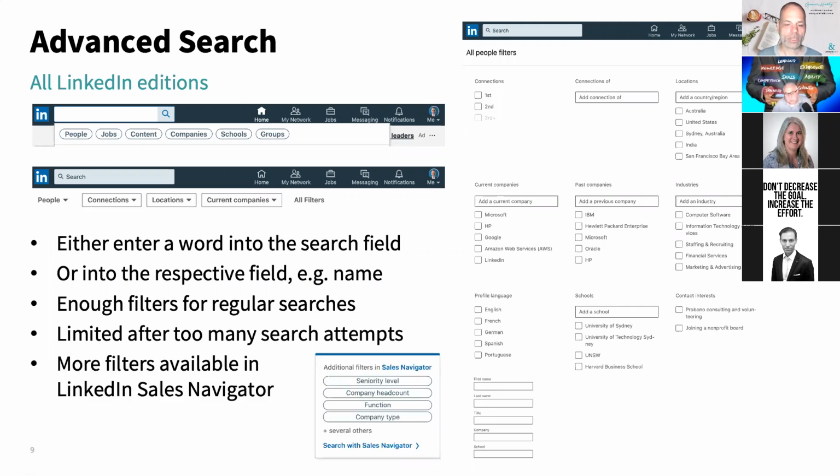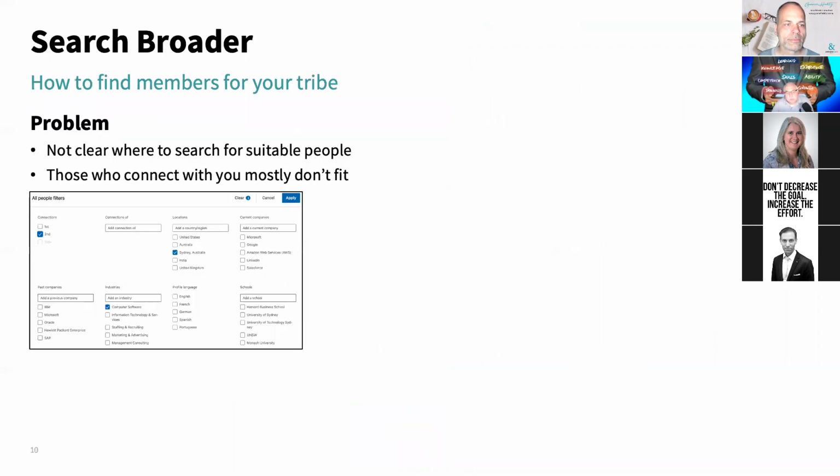In Sales Navigator, you can see more, like company headcount, functions, past companies, whatever. There are so many more things you can search for in Sales Navigator if you really use it in a hardcore way. But if you want to search broader, if you have exhausted all your ideas, then think about who are those people you would like to connect with.